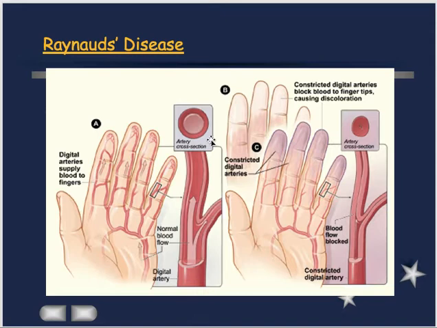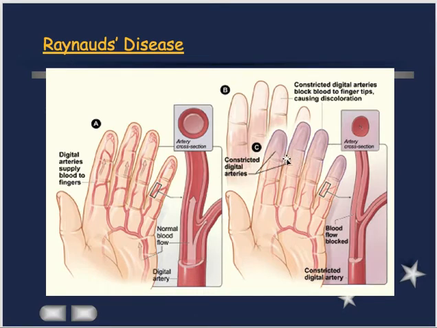What happens is, in response to cold, the arteries or the arterioles in their hands become constricted, okay? Normally your hand is red, but when you have constriction of the artery, their hands turn white.